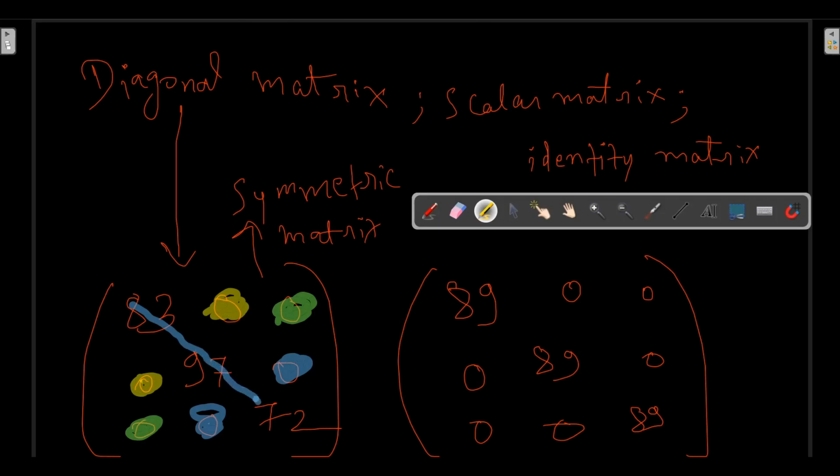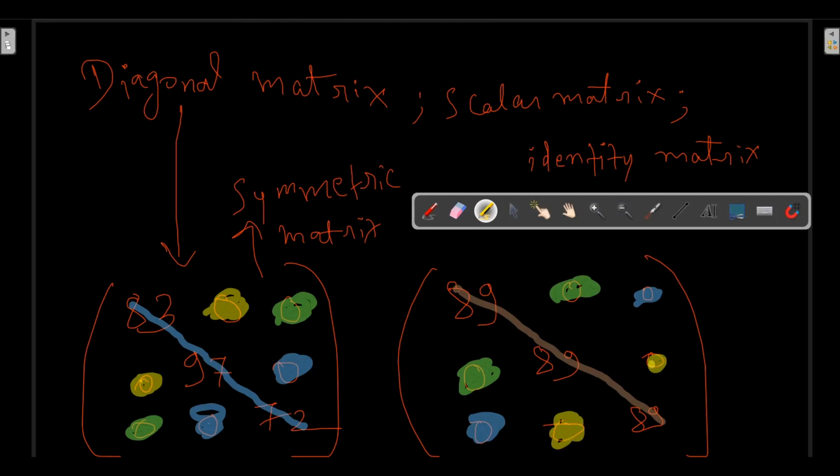All the elements above and below the principal diagonal, let us have a look. This element corresponds to this, both of them are 0 and equal. This element corresponds to this element, they are also equal and both 0. This yellow element corresponds to this yellow element, so both of them are also same.